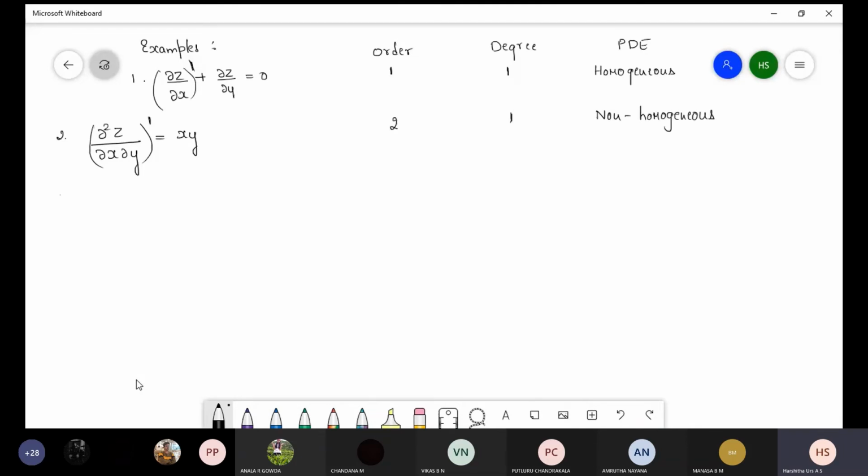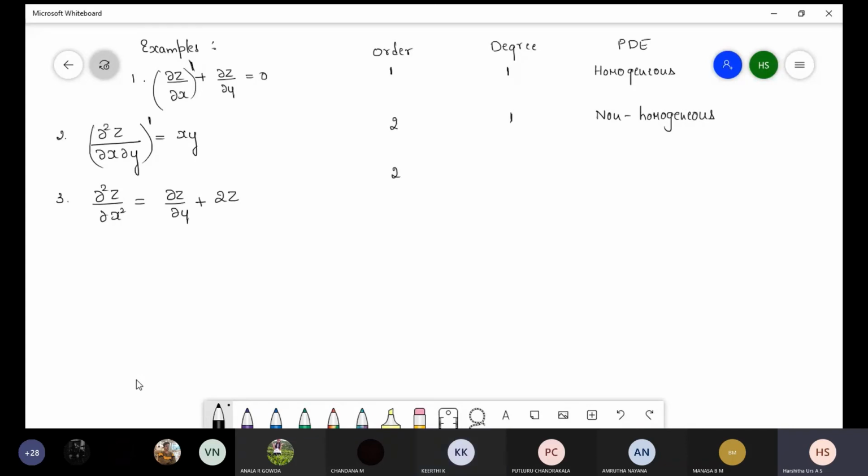Next, ∂²z/∂x² = ∂z/∂y + 2z. Yes, here also which is the highest order? Second order. What is the degree here also?